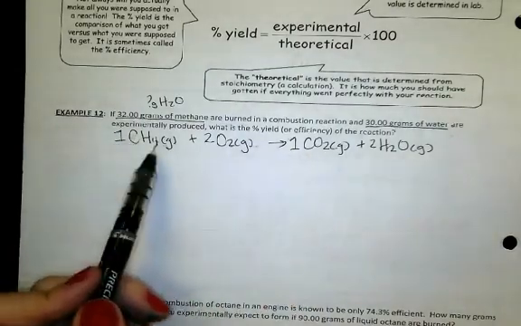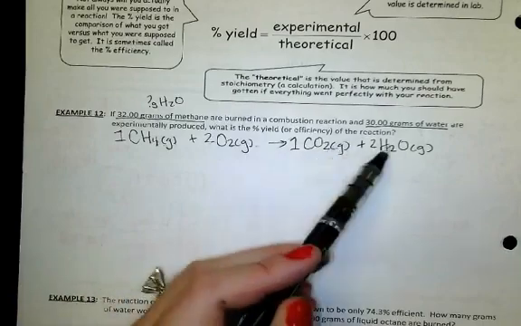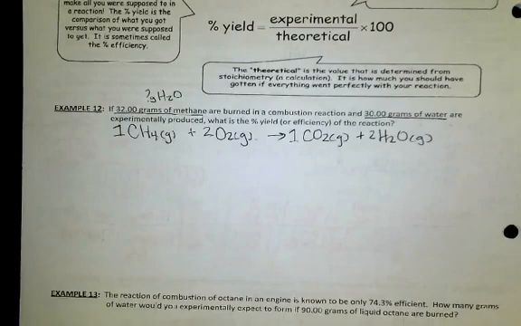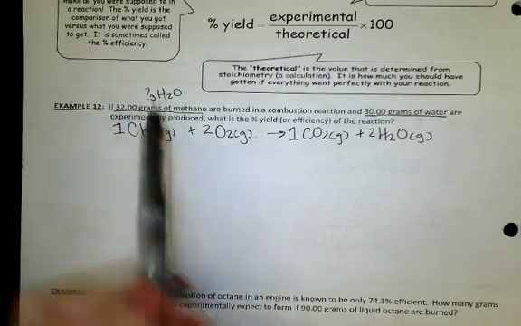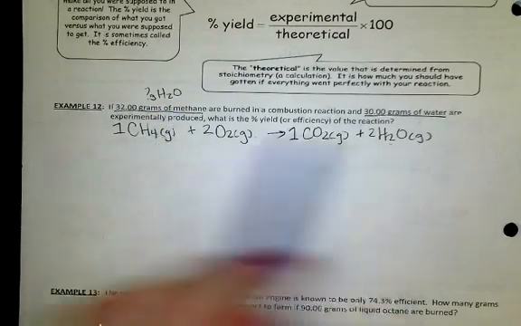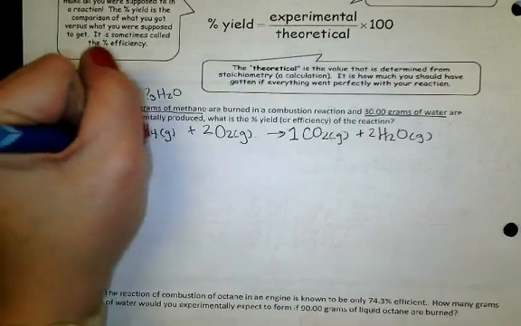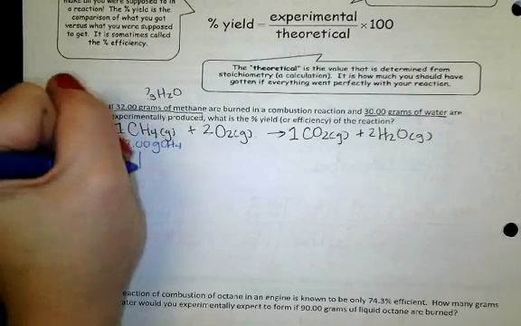Okay. So now we are going to calculate. We're trying to see how many grams of water can be produced if I'm given 32 grams of methane. So I got 32 grams of methane. We're going to convert grams of methane to moles of methane using the molar mass of methane.